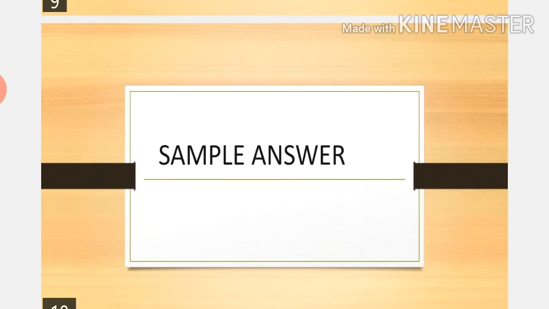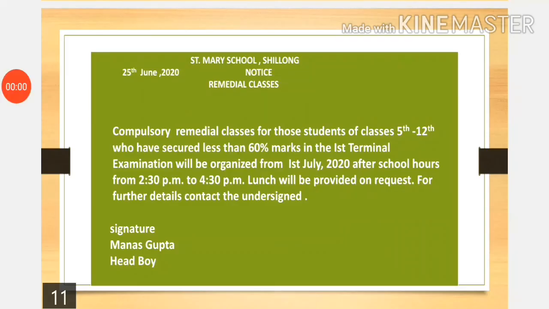Now, let us see one sample answer. You can see one notice on your screen. The name of the institution is given at the topmost of the page, that is the St. Mary's School, Shillong.